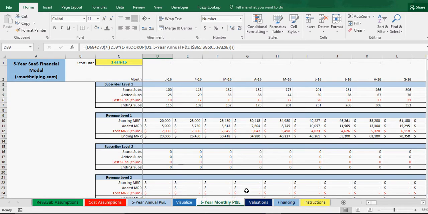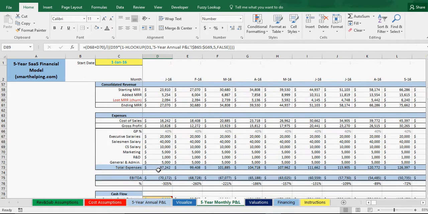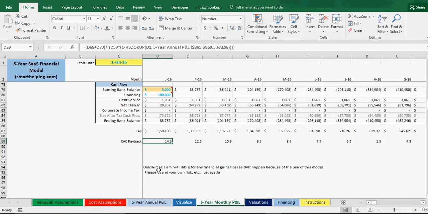Now, one other metric I was thinking about adding is lifetime value, which would be done by taking the retention rate percentage. So say you have an 80% retention rate, and basically that means you're losing 20% of your total group.